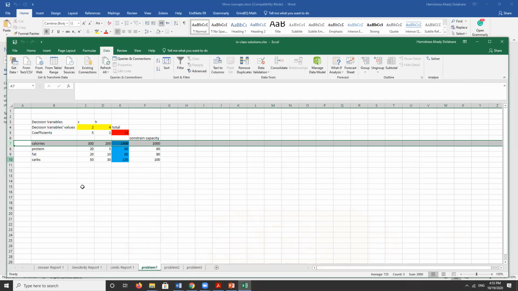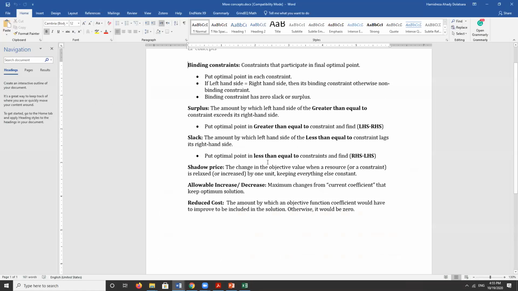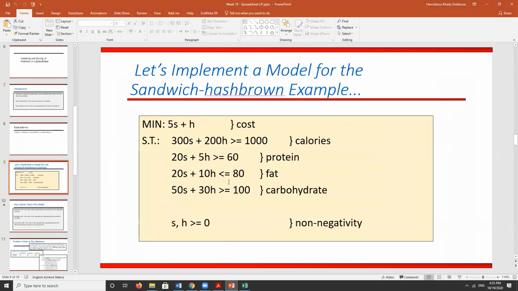First of all, the constraint is greater than or equal, so surplus. For a slack, the amount by which the left-hand side of a less than or equal to constraint lags its right-hand side. So here we have one less or equal, which is for fat.